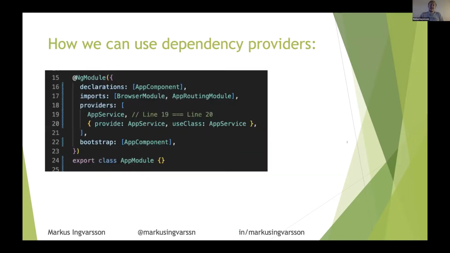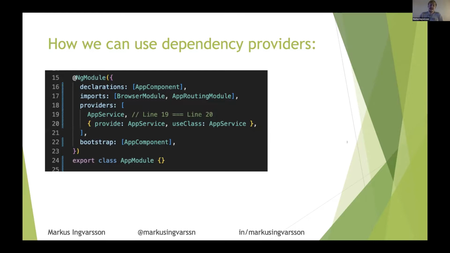So previously, we just added our service in the providers array, but Angular allows us to be more expressive than that. So this is where dependency providers comes into the picture. So line 19 results in the same provider as line 20. The provide property requires a key. This could be a service reference, but it could also just be a normal string.